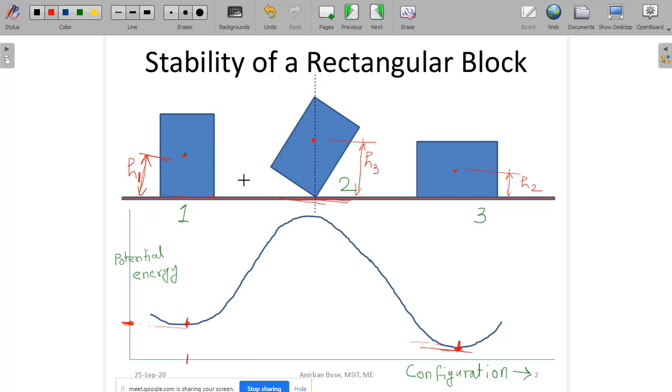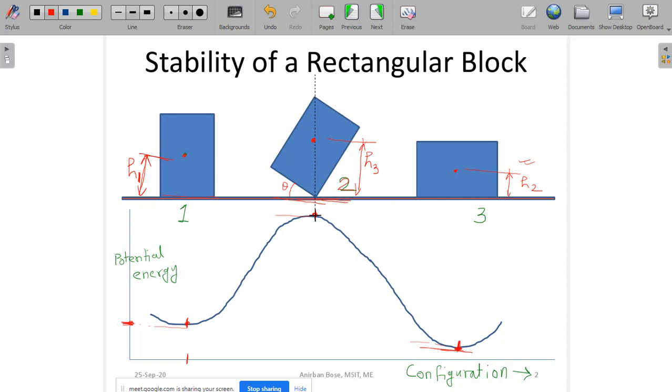In fact, if you compare the whole orientation starting from 1 and gradually changing this angular position theta, and finally coming to the third configuration, if you consider all these values of theta, this configuration 2 will have the highest position of CG. So it is clear that the potential energy corresponding to configuration 2 is the maximum.